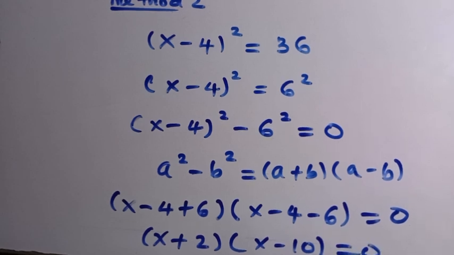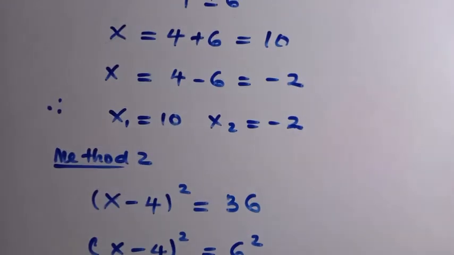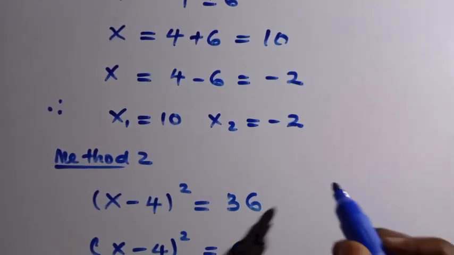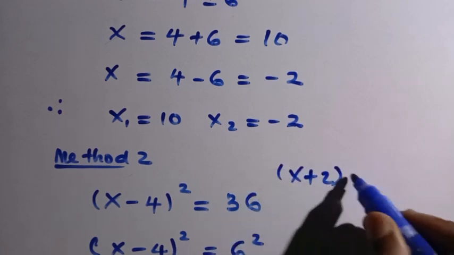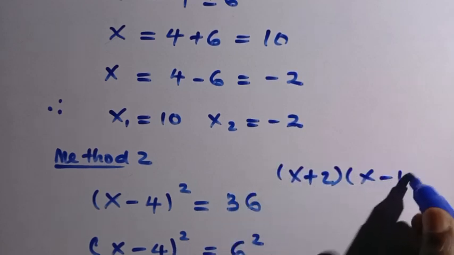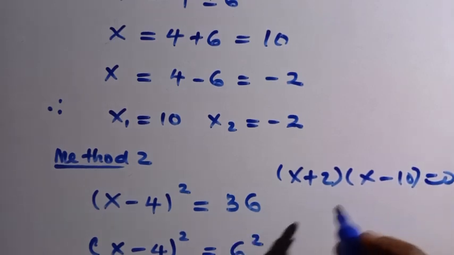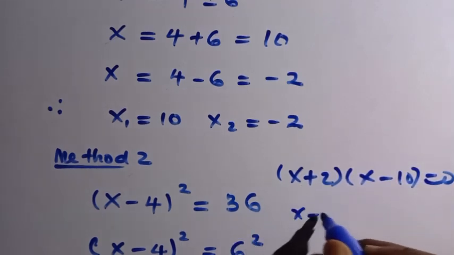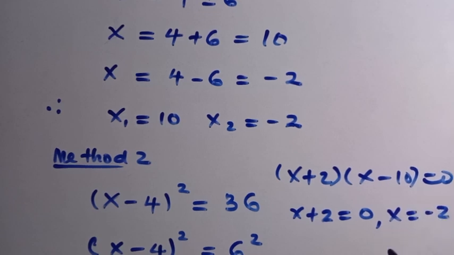Then we proceed by considering the quadratic expression. Here we have (x + 2) multiplied by (x - 10) equals 0. So we let x + 2 equal 0, and we get x equals minus 2.